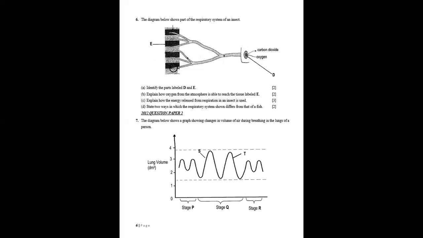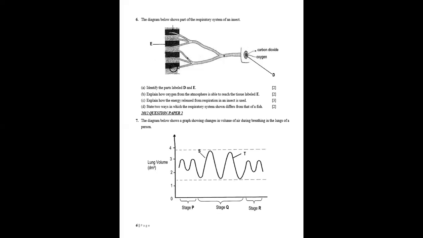Then C, explain how the energy released from respiration in an insect is used. Movement of abdomen and wings during the process of respiration. Then you can say flying and ground movement, eating, energy release.